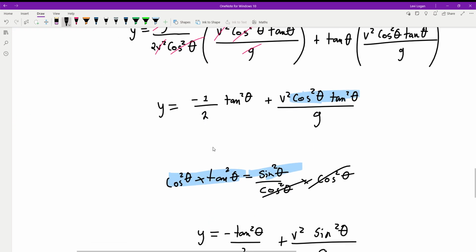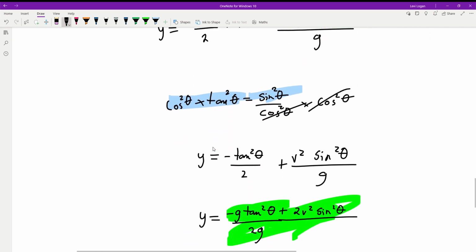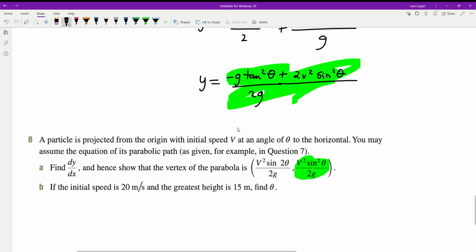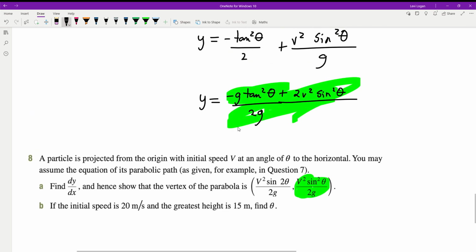Tan squared theta. I'm just going to look at the trig identity very quickly. Tan squared theta, sec squared. I'm not sure with this last bit actually. Anyway, I might leave that one for now and just continue.